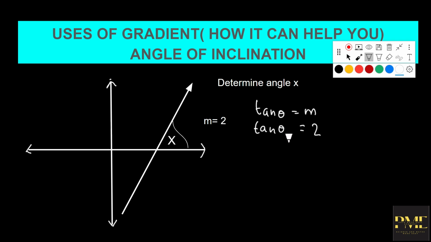All right, cool. And then at this stage, to get your theta, okay, on your calculators, you're going to press shift, tan, and then of 2. So in other words, you're going to press shift, tan of 2 to actually calculate your angle of inclination, okay? And then if you do that, then uzothola u-theta wakho ubani u-63.43 degrees.